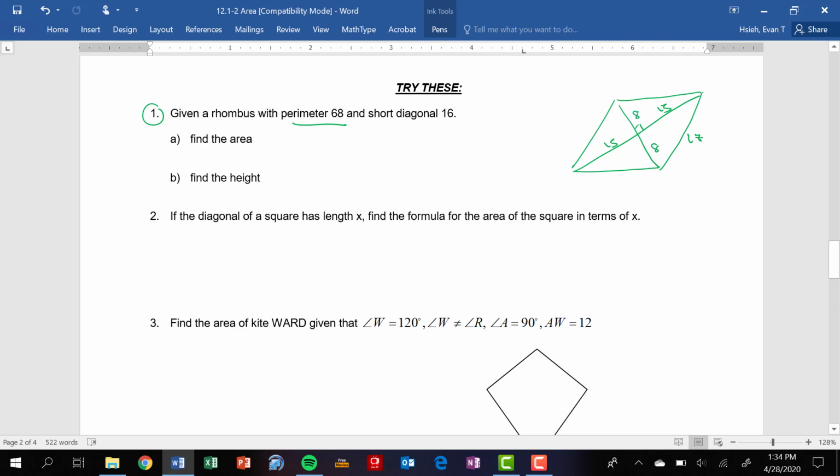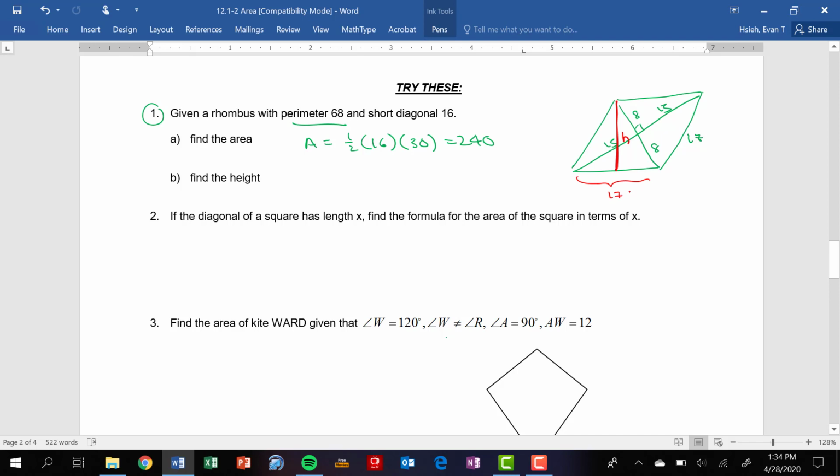And so to find the area of this thing, I can use the area of a kite. It's 1/2 of the first diagonal, which is 16, and the second diagonal is 30, so it's going to be 240. Now to find the height of this thing, the height is the altitude going this way, and we also know the base is 17.